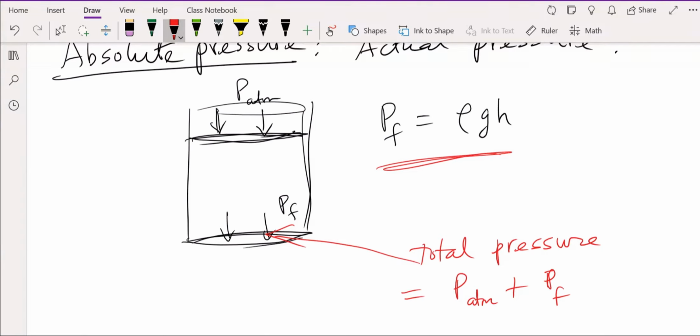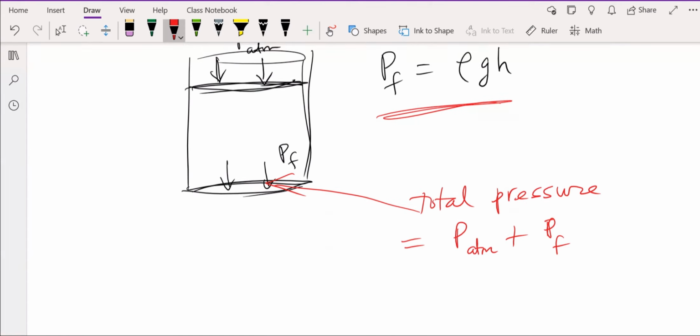So you have to add that also. So what is the total pressure at the bottom? P atmosphere plus PF, and this is called absolute pressure. Got it?